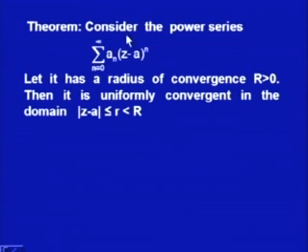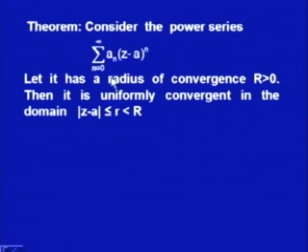We say that if we have this power series, summation a n z minus a raised to power n, n varying from 0 to infinity, that is a power series centered at z equal to a, and it has a radius of convergence R greater than 0, then it is uniformly convergent in the domain modulus z minus a less than or equal to r, for some r which will be smaller than capital R, the region of convergence.